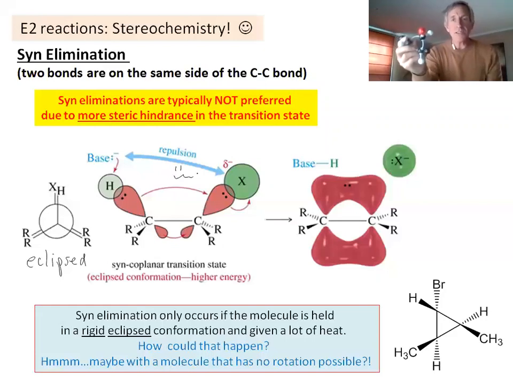But notice in this ring, this three-membered ring, here is the bromide, okay? And it is going down into the paper, and here's the hydrogen coming up as a wedge on this side. And again, here is a beta hydrogen.